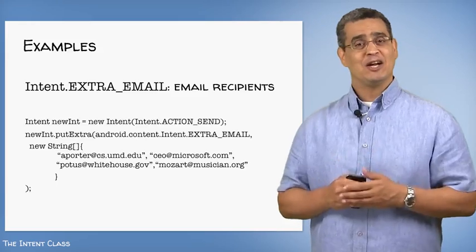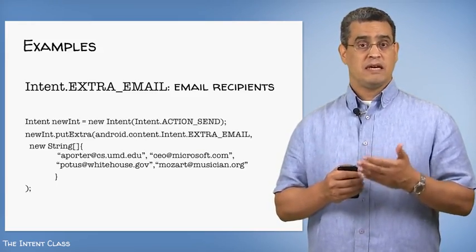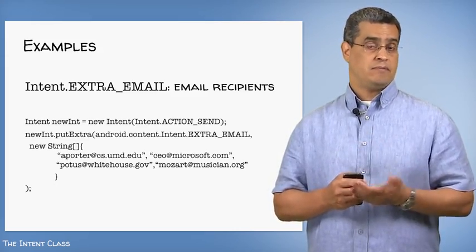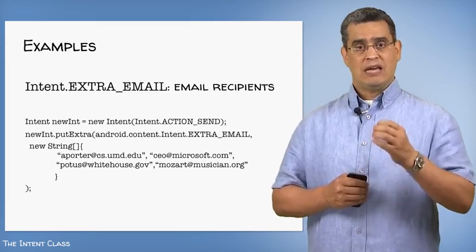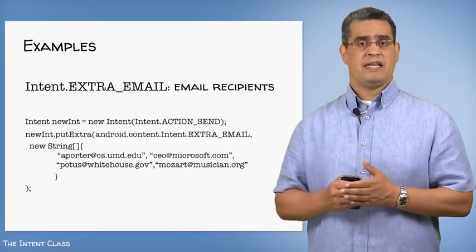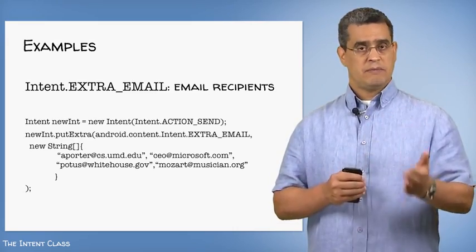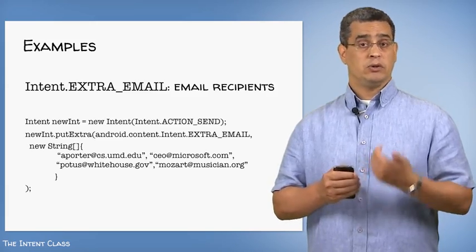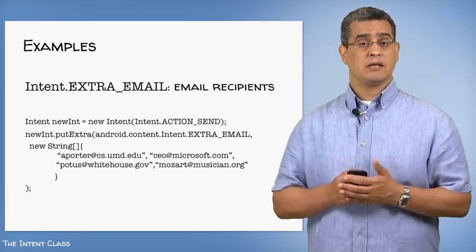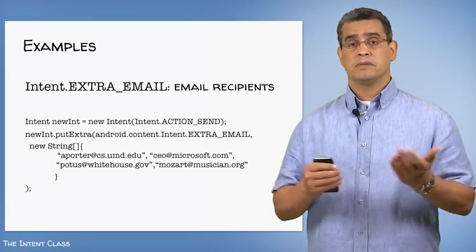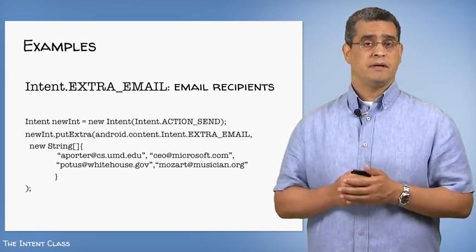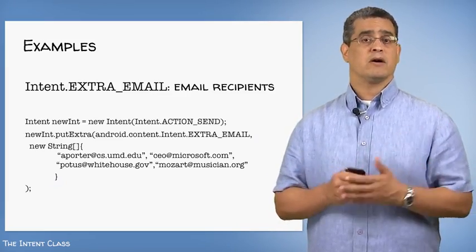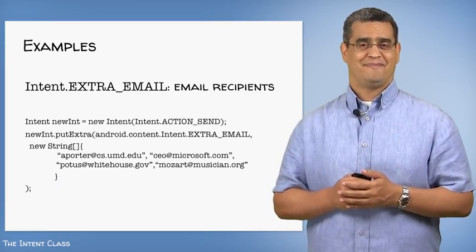Now, as you can see here, this code creates an intent with the action Intent.ACTION_SEND. So we want to send some email. It also adds an extra to that intent. The extra is named EXTRA_EMAIL, and in this case, its values include me, aporter@cs.umd.edu, CEO at Microsoft.com, POTUS at whitehouse.gov, and Mozart at musician.org.